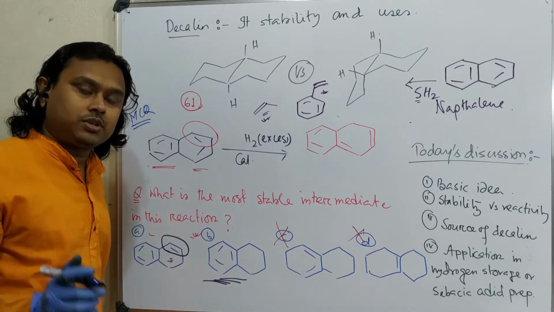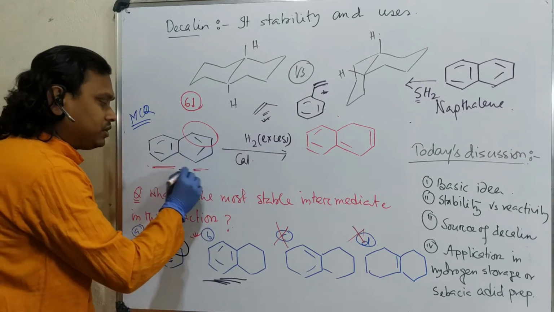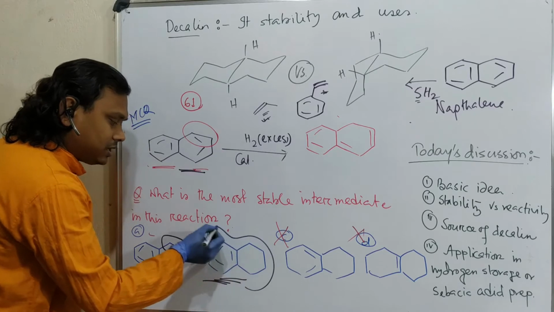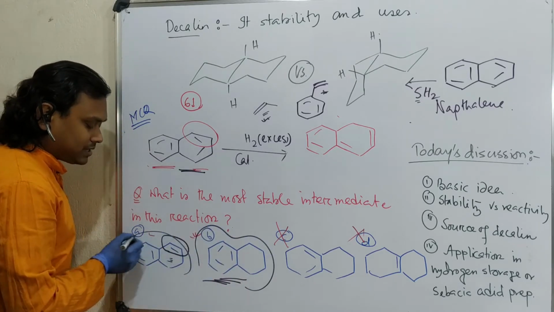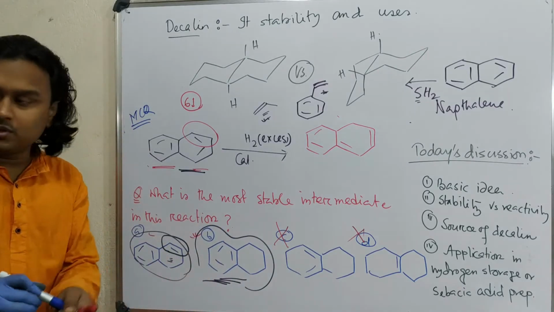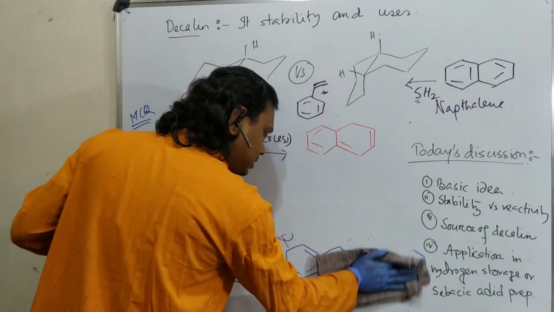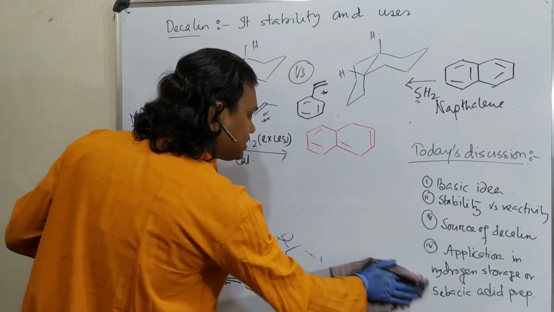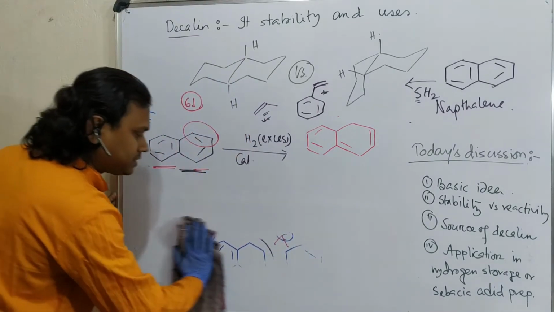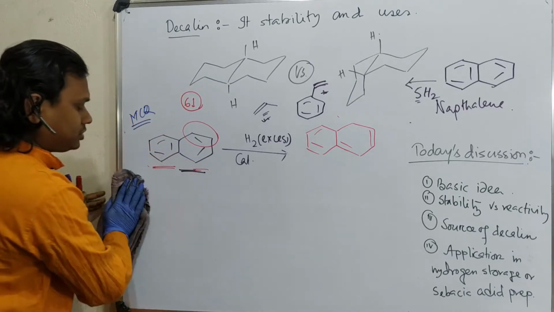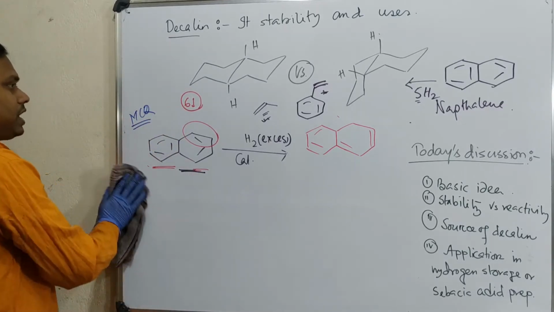There is lots of literature where, if you reduce this tetrahydronaphthalene, you will get this thing, you can isolate, but it is not that easy to isolate. Okay, so from this discussion, we conclude that hydrogenation of naphthalene is, first of all, possible. Second, it produces tetrahydronaphthalene as an intermediate. Reason is resonance stabilization of one benzene nucleus. Okay, so fine, we have understood this.